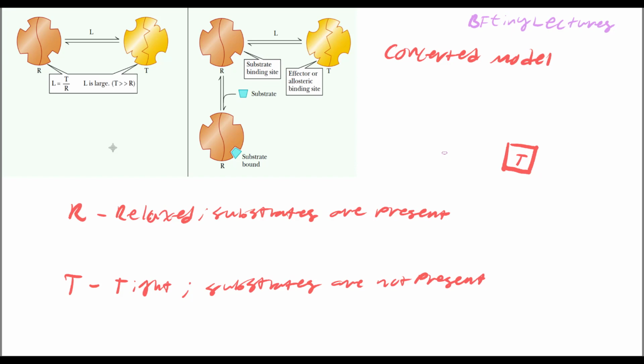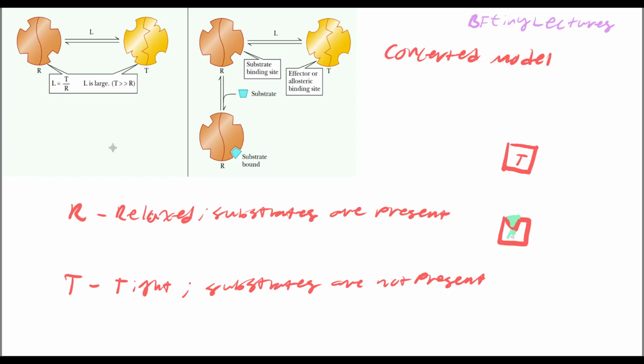If a substrate tries to connect to a tight enzyme, the binding is going to be very, very weak, okay? So the binding of a tight enzyme is very weak. Cool. But whenever we have a relaxed enzyme, we have something like this. So notice that there is something for the substrate to connect with. And let's say that we have a substrate that connects, and that's good.